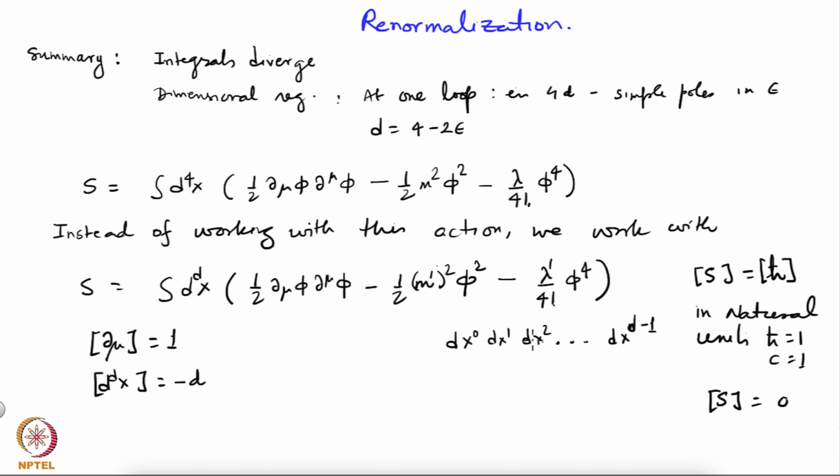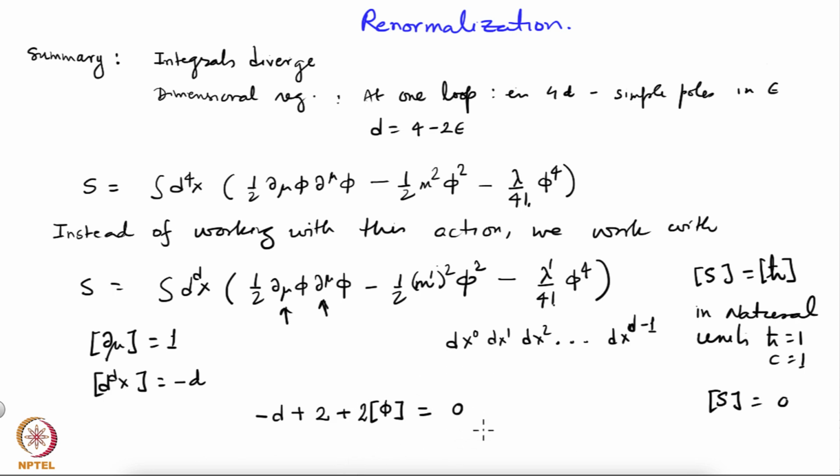Each of them has a mass dimension of minus 1, so the total mass dimension will be minus d. So this has minus d, del mu has 1, for that it is 1, so 2, plus the mass dimension of phi, but there are two such factors, so 2 times it, and that all should add up to 0, because the action is dimensionless, so each term should be dimensionless.